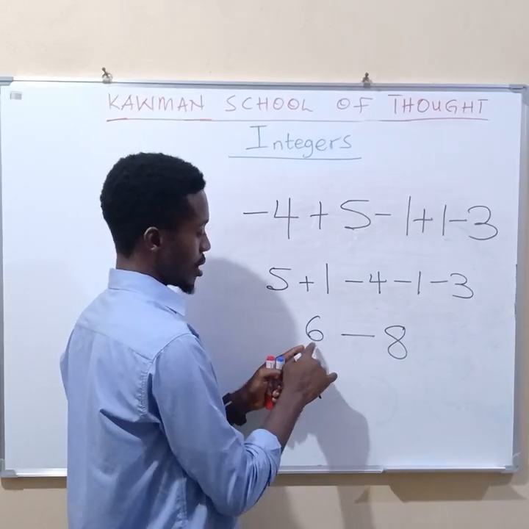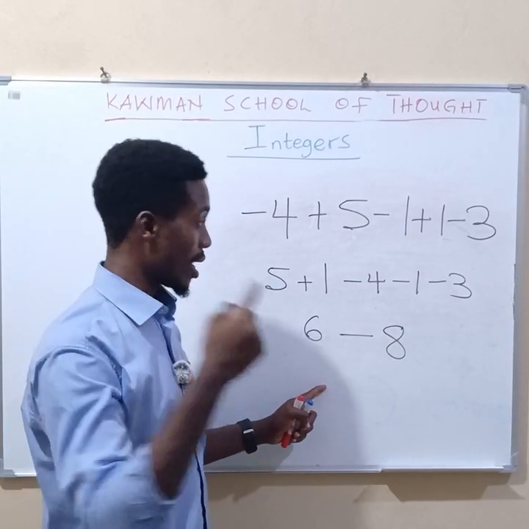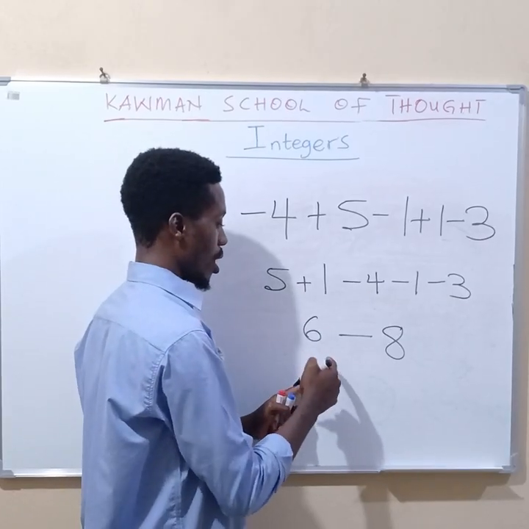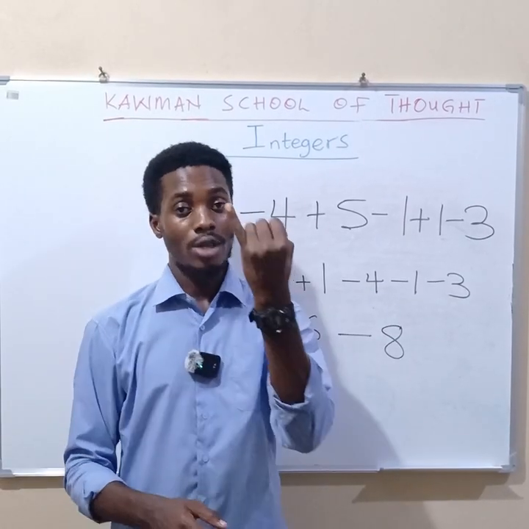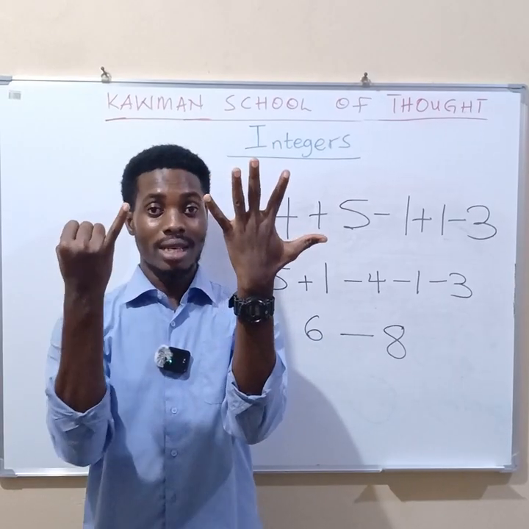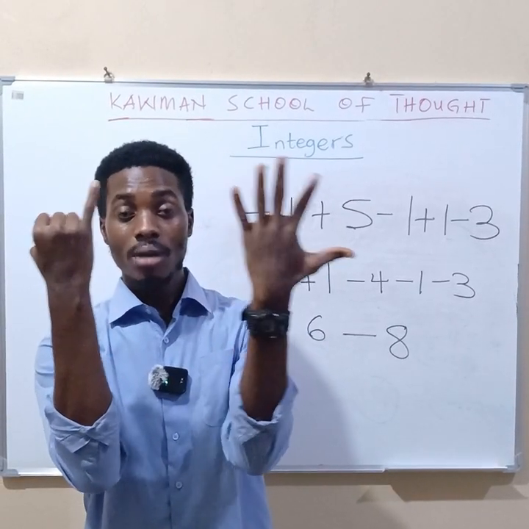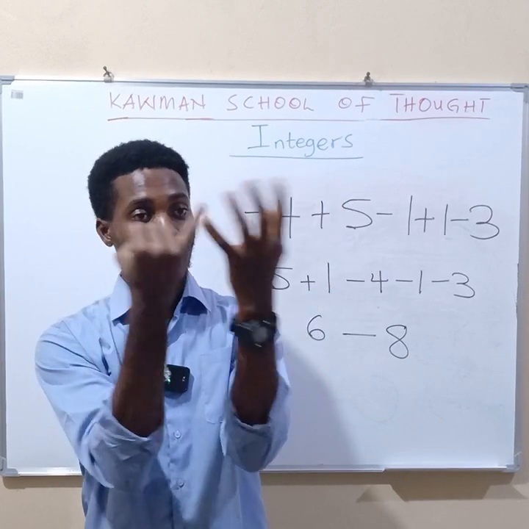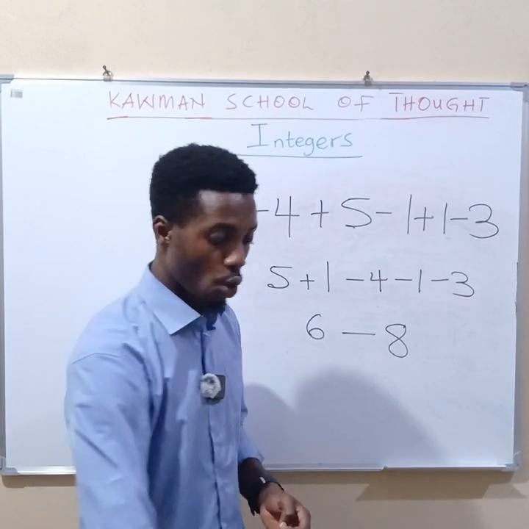So now we have 6 minus 8, and the answer, just like we saw earlier on, is going to be what? I mean, come on, you have 1 2 3 4 5 6. Just this 6, you are supposed to subtract 8 from it. How do you do it? After taking out the 6, you still need how many more? 2. So you are still owing 2.